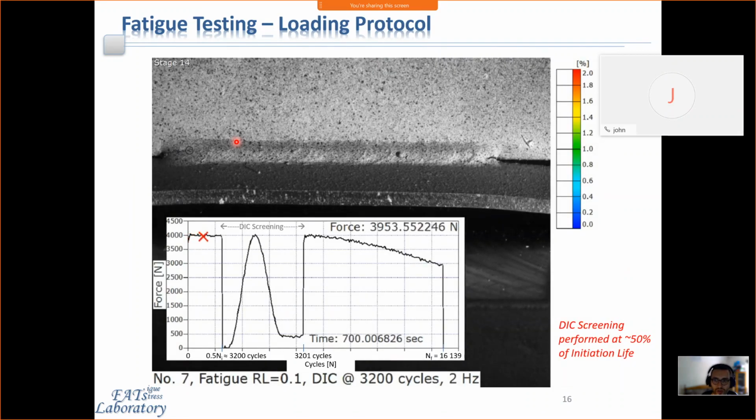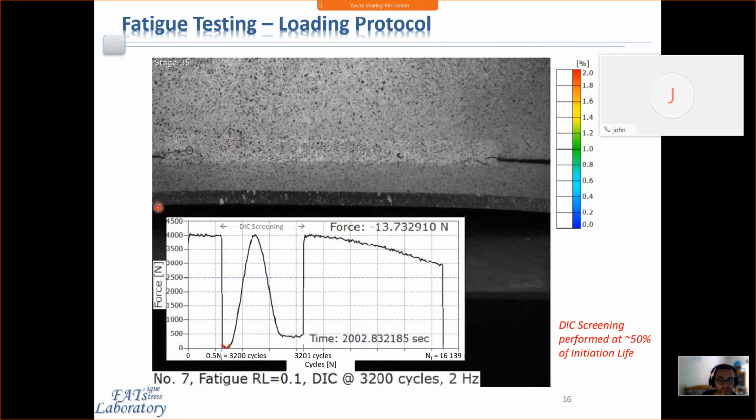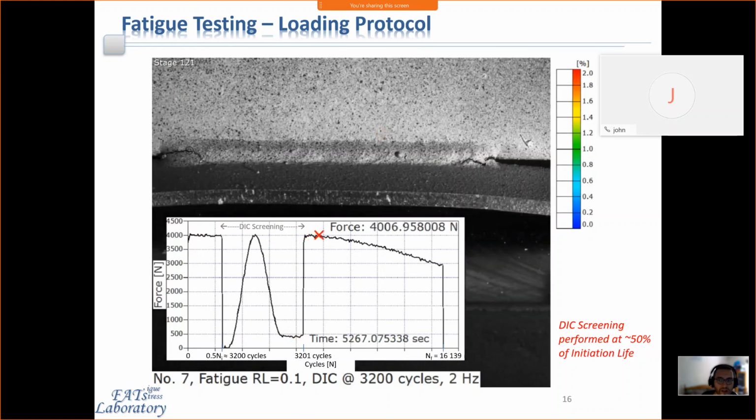Just to give you an idea of what the fatigue test looks like, this is for a test where 4,000 newtons was the maximum load. I will just pause this for a second here.